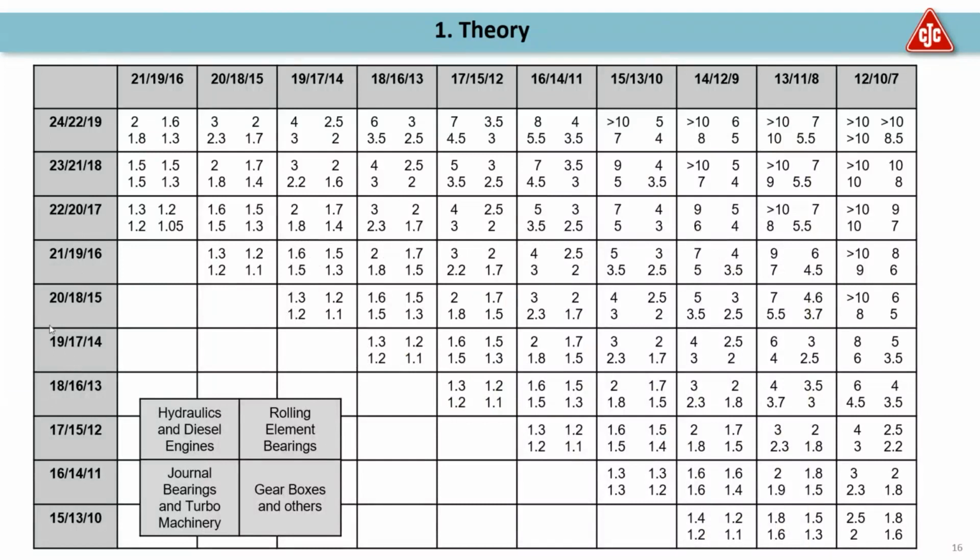You look into this column here, and let's say you found a 24, 22, 19, and your goal is clean oil 16, 14, 11, and you're looking at gearboxes, then your life extension factor would be 3.5 if you were able to clean up that oil to where it should be, from this 24, 22 to 16, 14, 11. And you could make an argument, since in most gearboxes you have rolling element bearings, that your life extension factor actually is a 4.